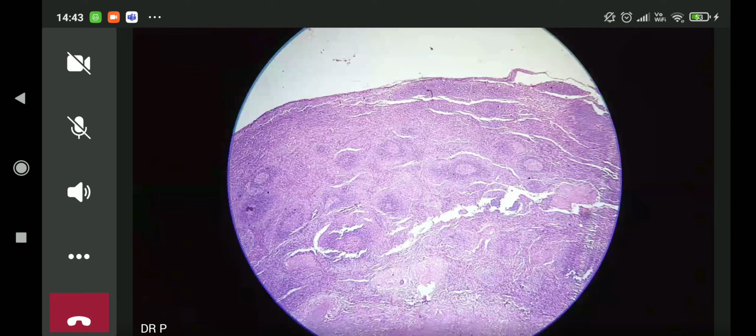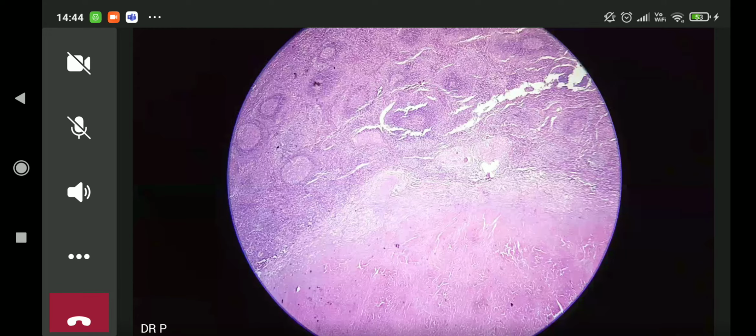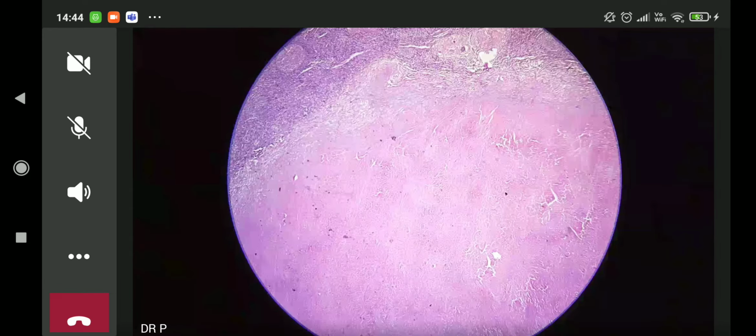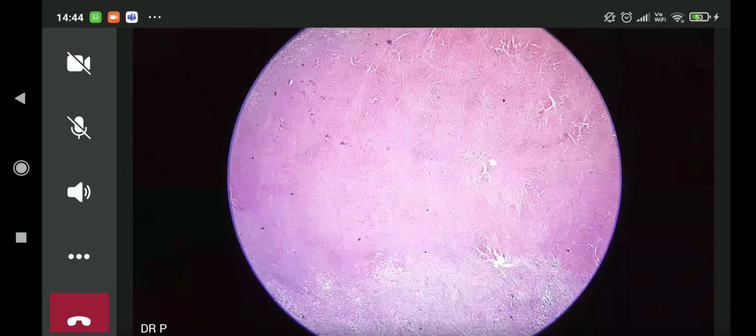These are in various sizes and shapes. And then after moving downwards in the center of the section, you have a large area showing extensive deposition of some eosinophilic substance. Now, my question was then, what is this eosinophilic substance?